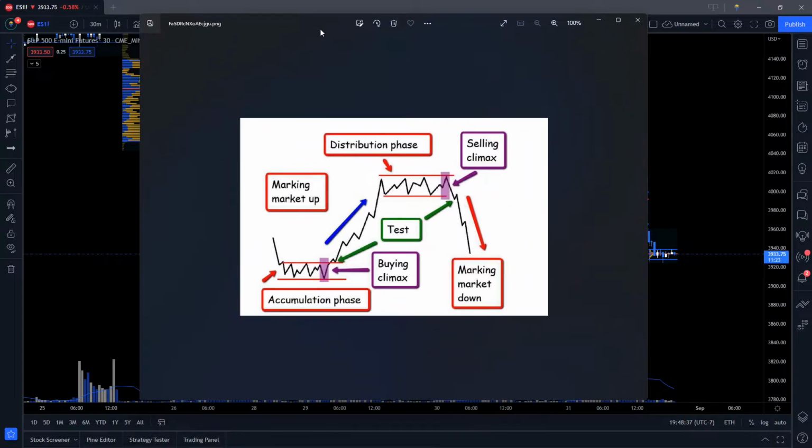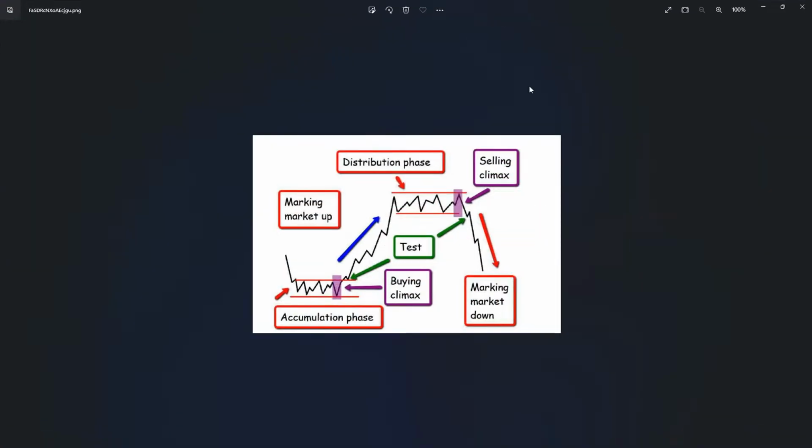And then this is one shared literally straight from Shorty. We have accumulation where market makers or retail are buying up stocks, and then it starts ripping. And then the distribution phase where people start selling, and then we push the market back down.